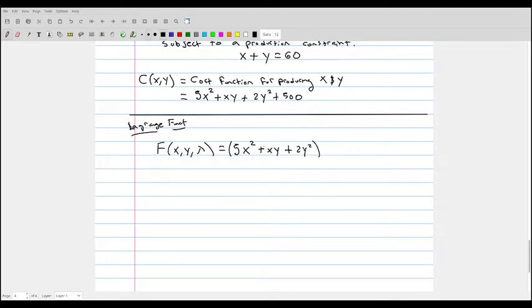It's the function that we're optimizing, and that'll be minus lambda times the constraint function, which is x plus y minus 60.